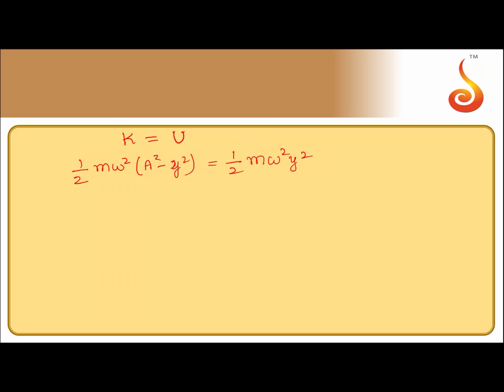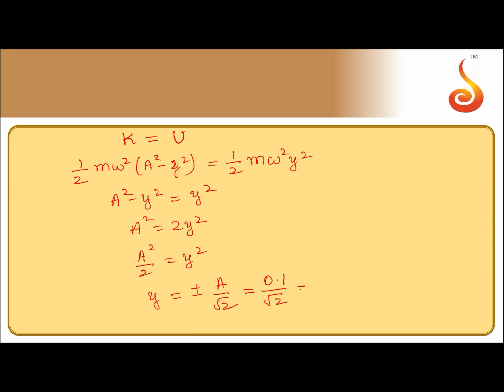So half m omega square gets cancelled throughout. So a square minus y square should be equal to y square. A square is equal to 2y square. A square by 2 is equal to y square. Y is equal to plus or minus a by root 2. So now they have given a value as 0.1. So that divided by root 2.